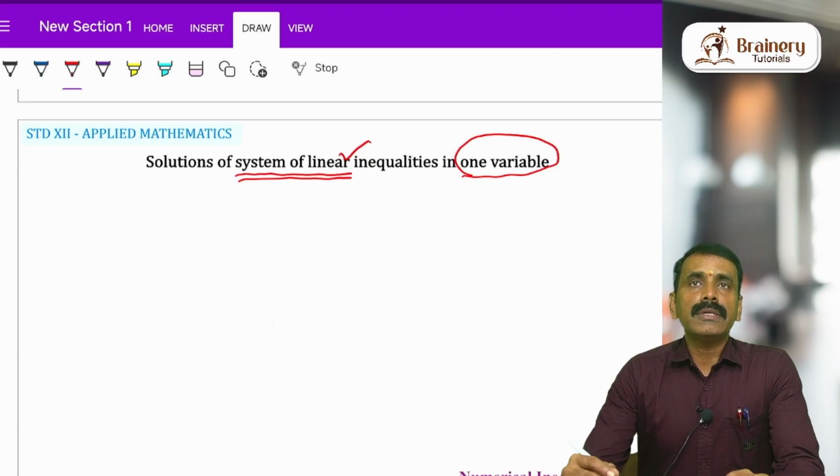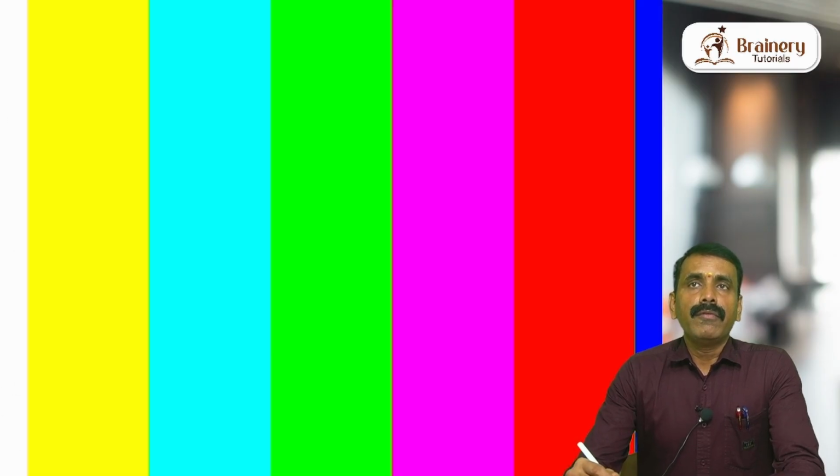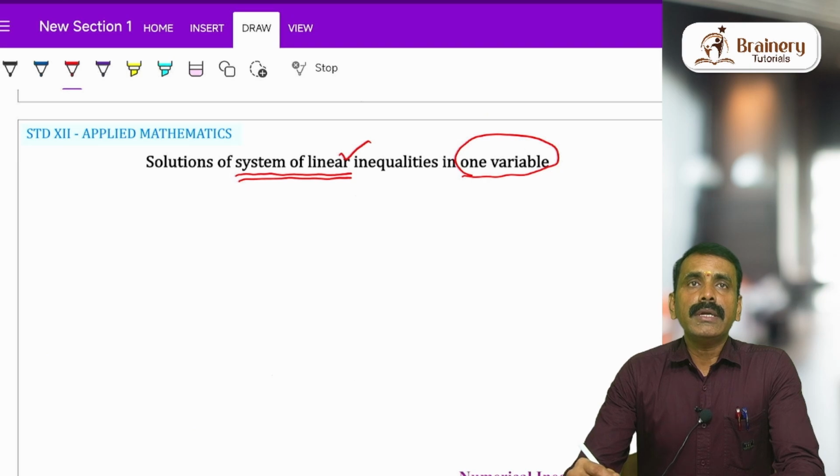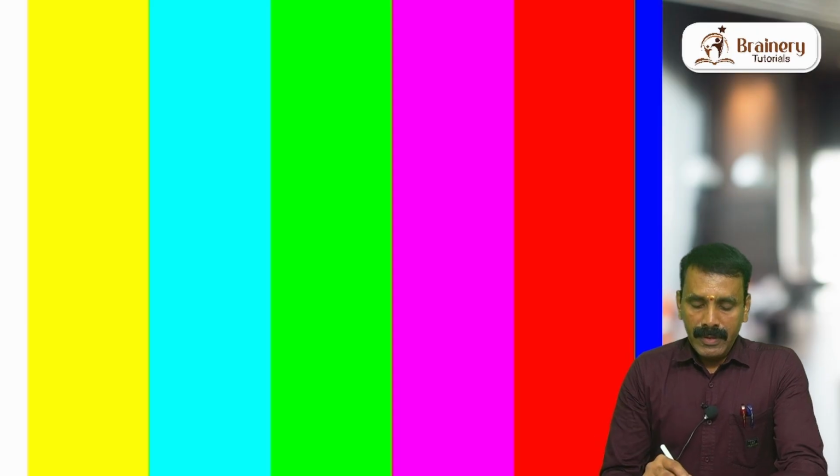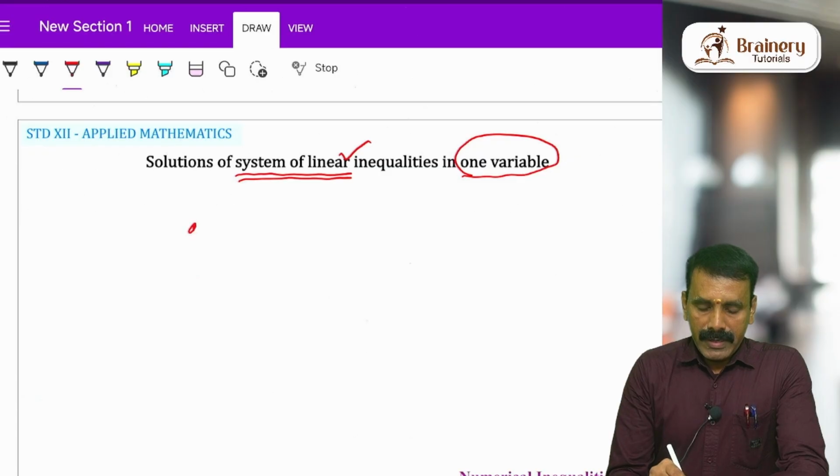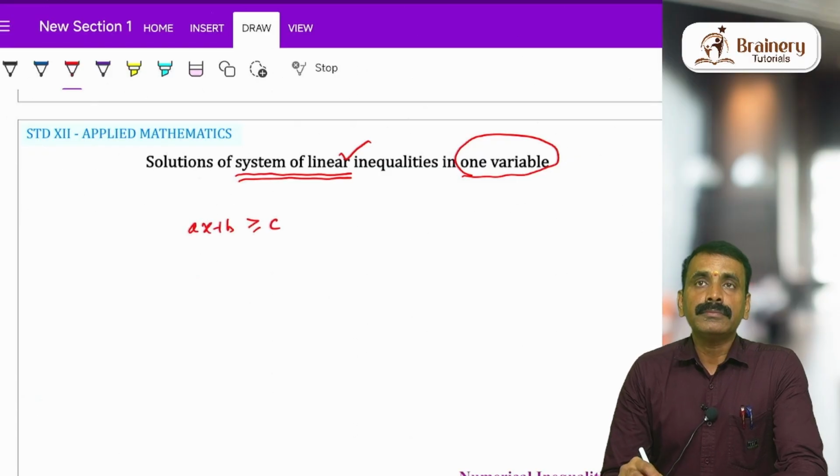Then how to solve this? How to find the solution? We have to solve the inequalities individually, and we have to find the set which will satisfy the given set of inequalities. Suppose you have an inequality ax plus b greater than or equal to c. This is an inequality.